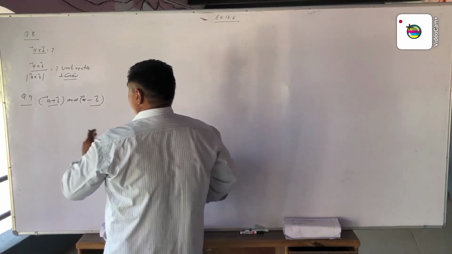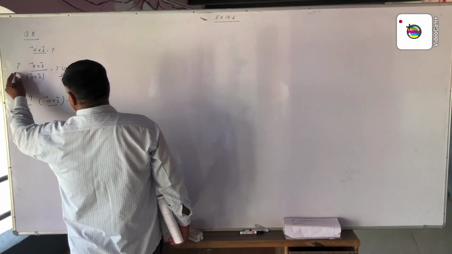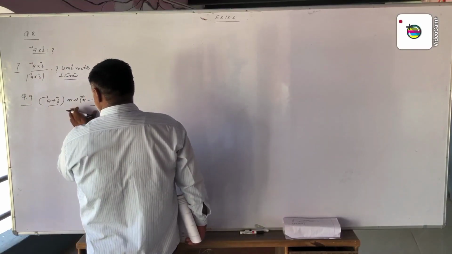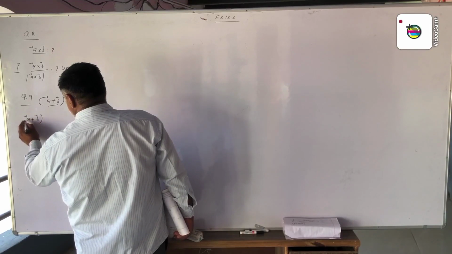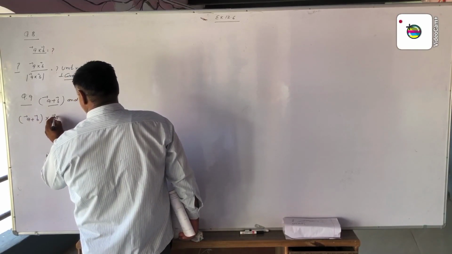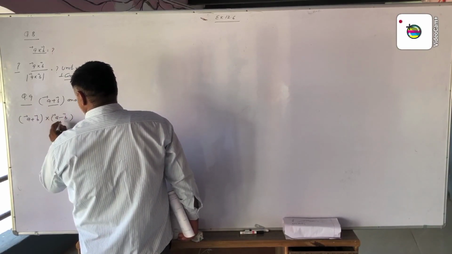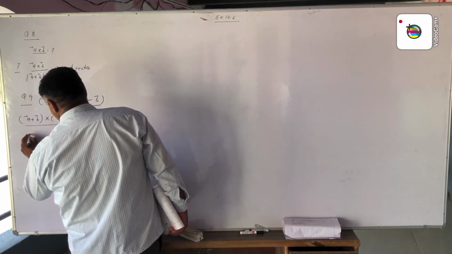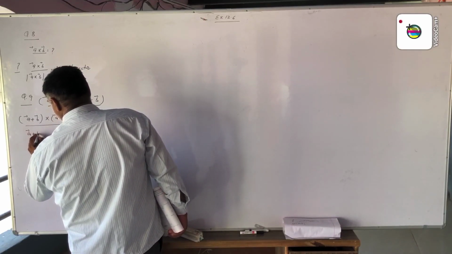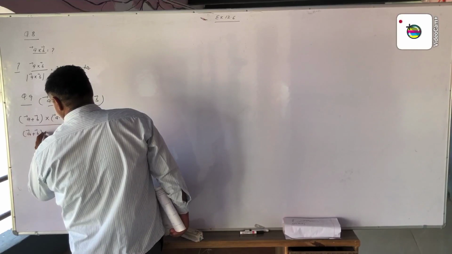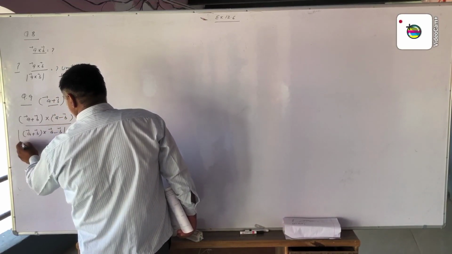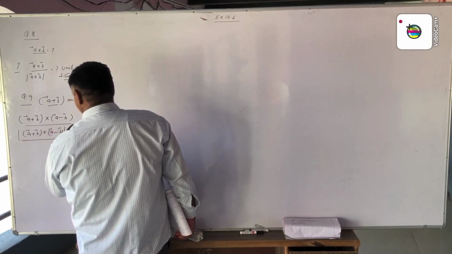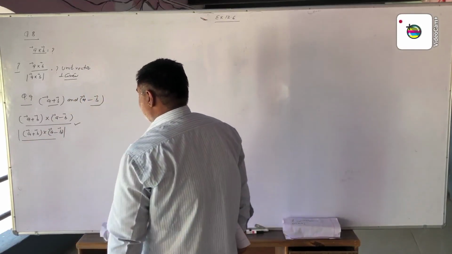Now this is also the result for a perpendicular unit vector. So now we find vector A plus B cross vector A minus B. We find this result, and divide vector A plus B cross vector A minus B by its magnitude. Then this is the unit vector perpendicular to these vectors.